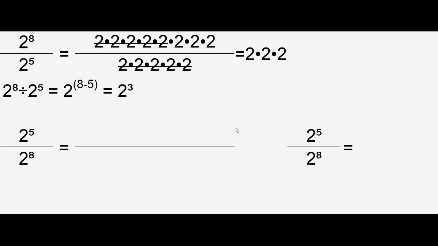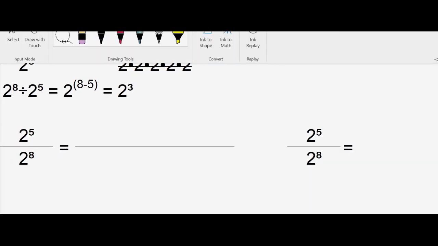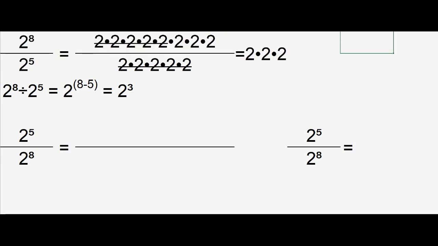Now we're going to change it up a little bit. I'm going to start with 2 to the 5th divided by 2 to the 8th, which hopefully you recognize as being a fraction, because the numerator is less than the denominator. So it's going to be a proper fraction. To do this, I'm going to start out just like we did before.